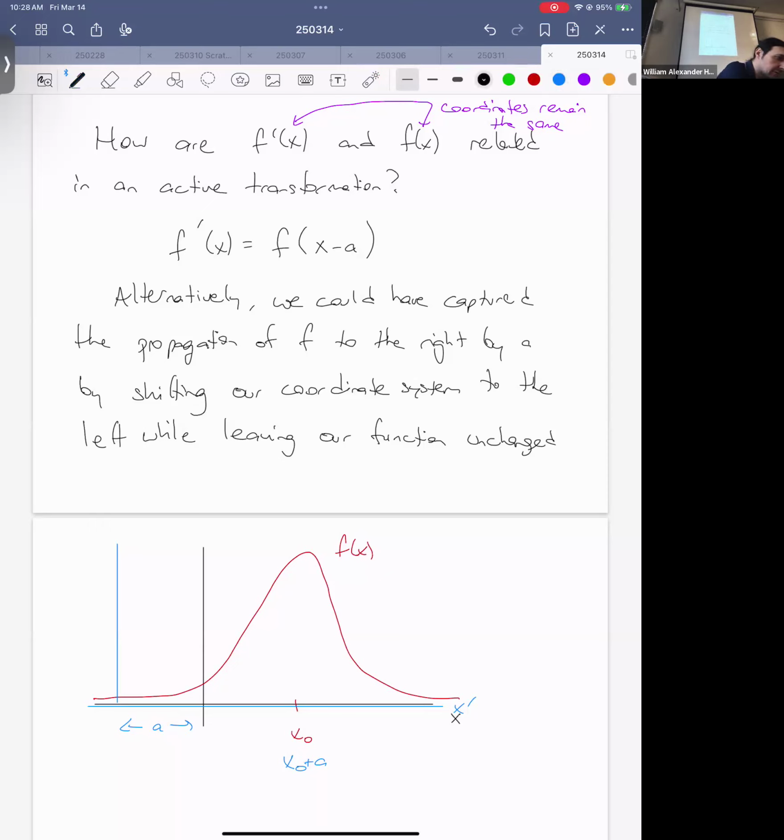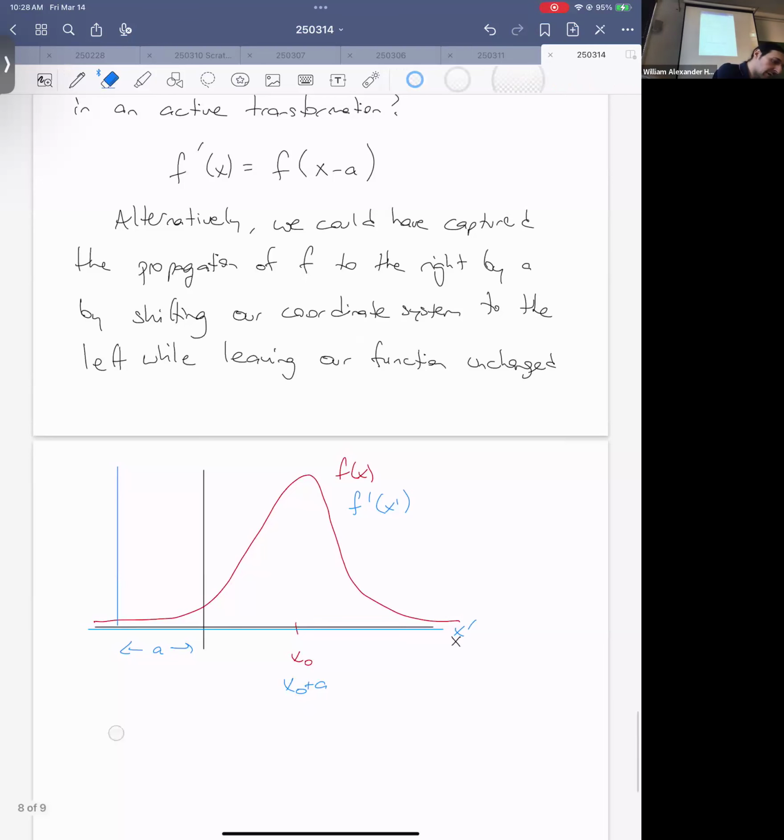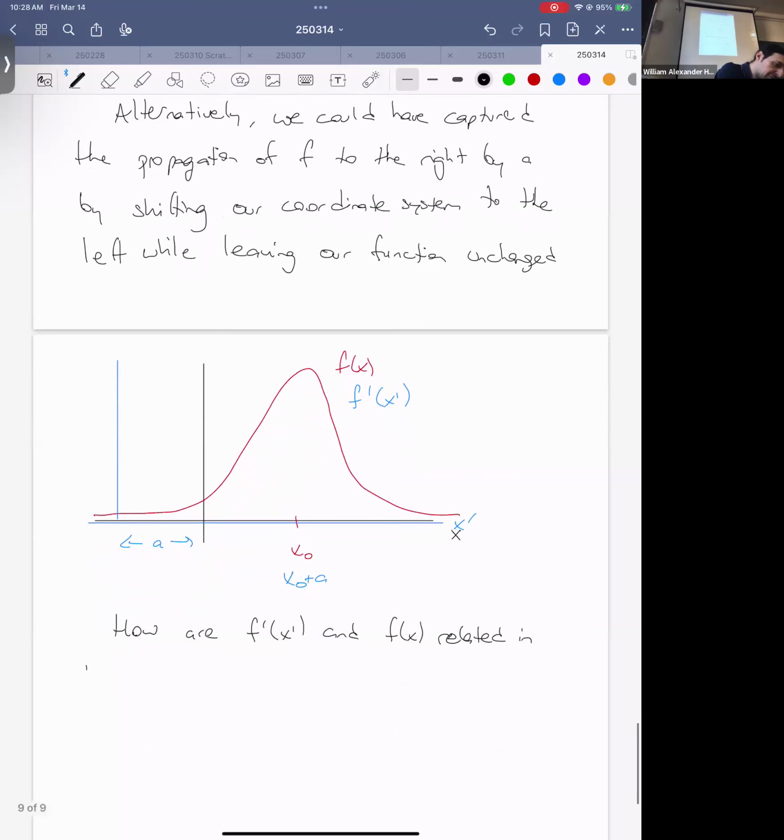And I would like to understand how to describe this new function in the new coordinate system. So how are f prime of x prime and f of x related in a passive transformation?